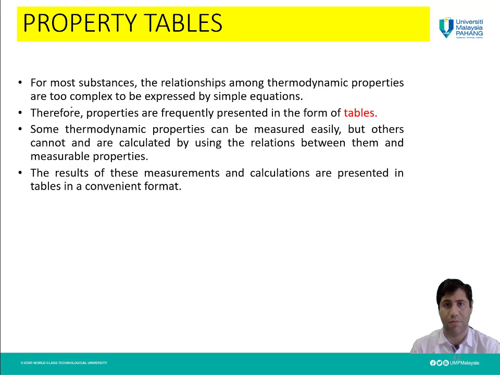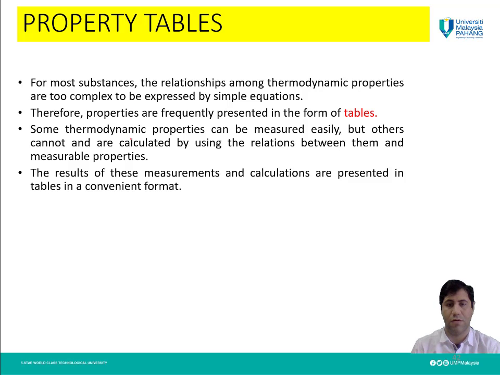We will also see the tables, which we call property tables or thermodynamic property tables. They are very important tables, not only for this chapter but also in future chapters. You will need these tables to find the properties for different substances which we may have in different thermodynamic systems.